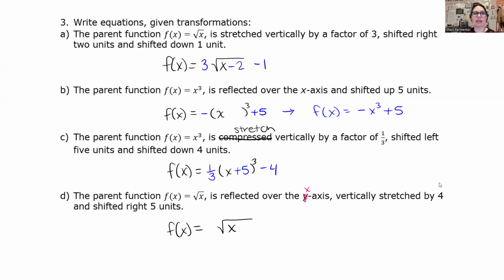Minus 4 in the front. And then shifted right 5 units. Minus 5.